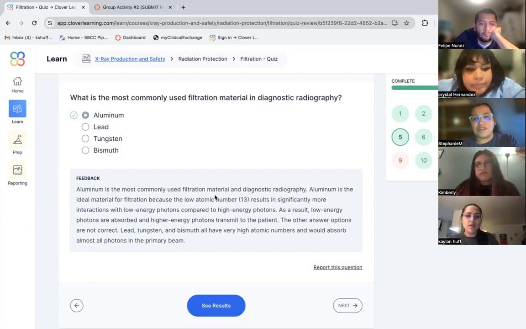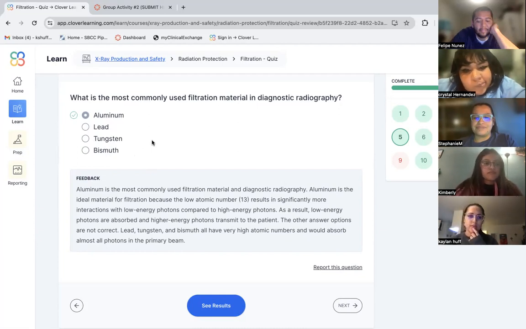Would any photons go through if it was higher than aluminum? So like lead would totally block it. Nothing would get through tungsten. I've never heard of bismuth. Is that the one that's 83 that we were just talking about earlier before we started the video?